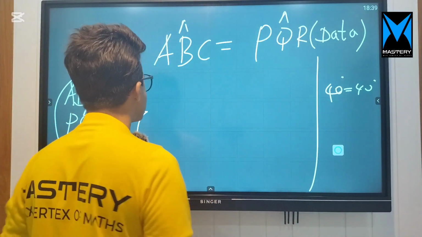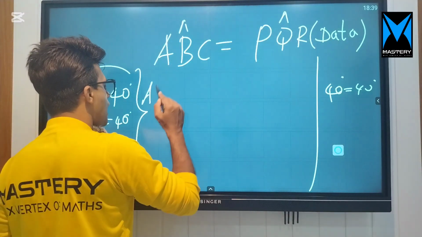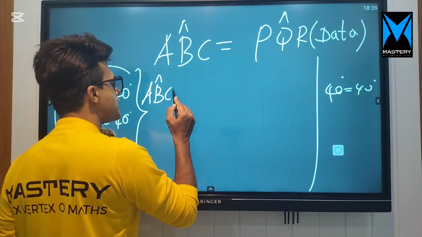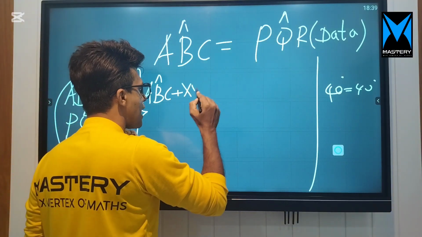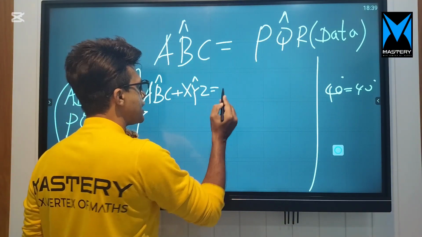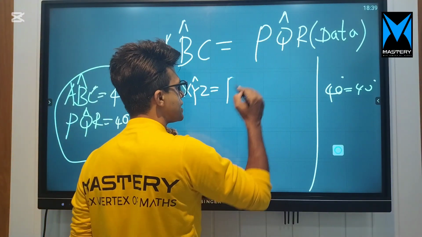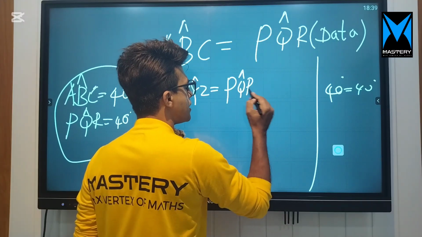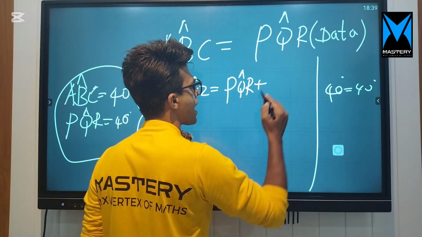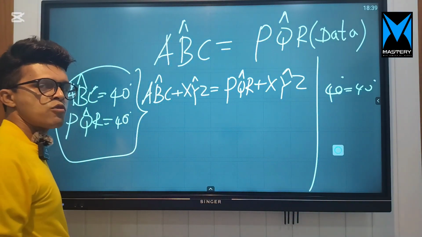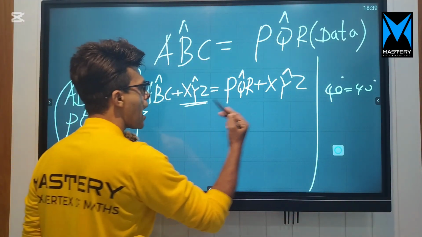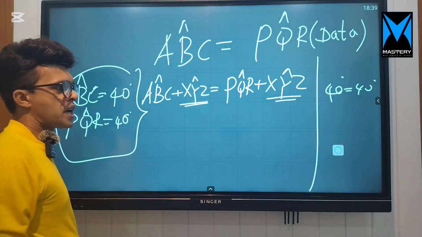What I'm doing here now is adding another angle, XYZ, to both sides: angle PQR plus angle XYZ. The same angle has been added to both sides.